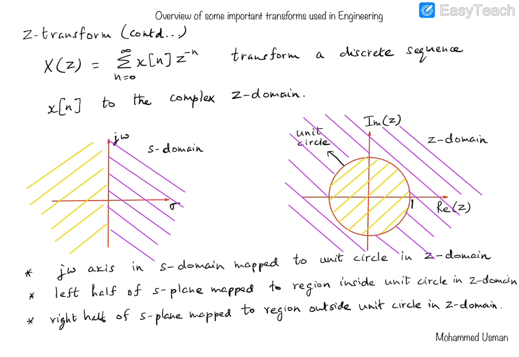So the Z transform will map an input sequence x of n into the Z domain, which can cover any point, any region within the Z domain. Now, when we force the Z transform to lie exactly on the unit circle, we will get the discrete time Fourier transform.